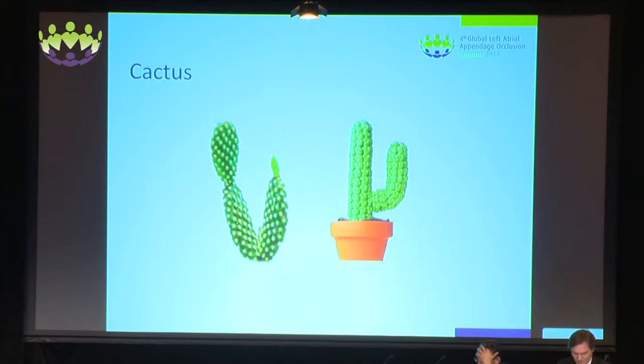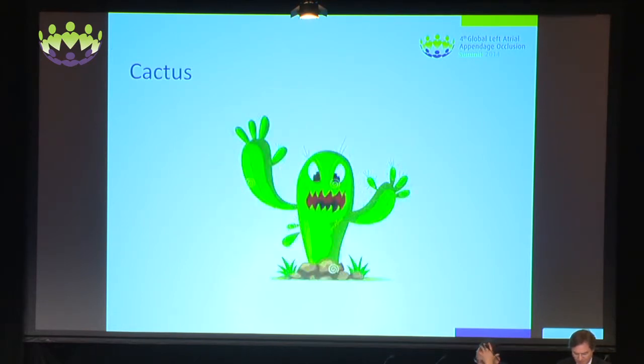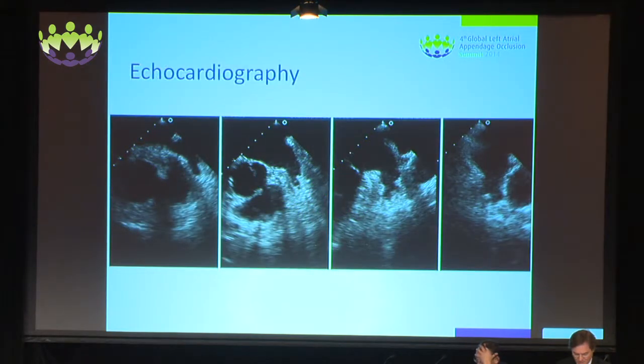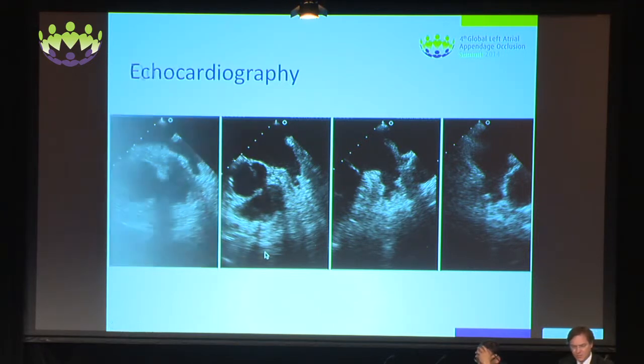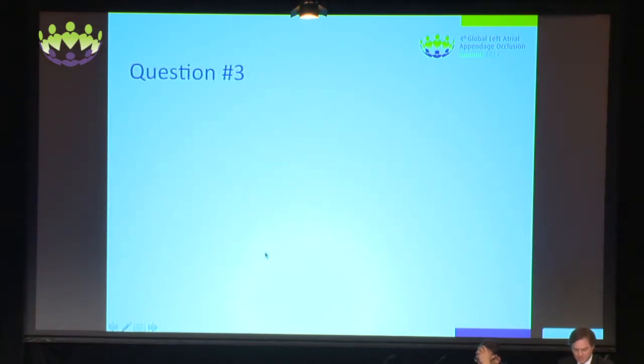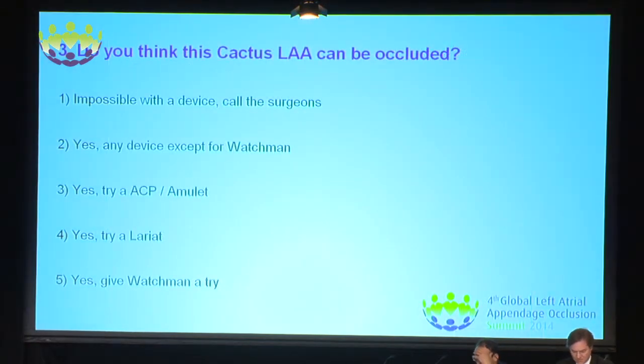So if there's a bifurcation in the proximal part, things can turn ugly, especially if we are planning to use a Watchman device. So this is an example of a Cactus LAA. You can see here that there are two lobes with a proximal bifurcation of the lobe with different length of each lobe. So my question here is, do you think this Cactus LAA can be occluded?